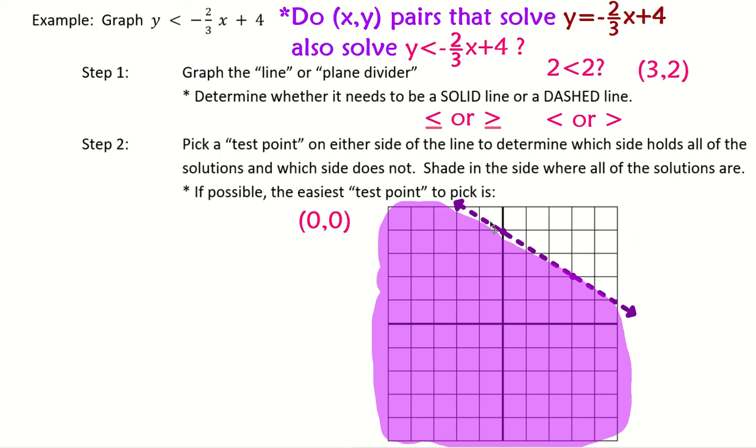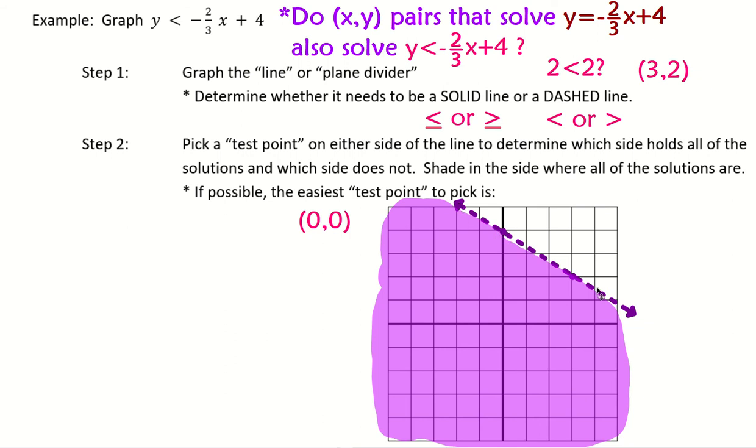And if you happen to be in a situation where they showed you a graph like this, let's say you had no idea what the inequality even was, all you had was the graph to look at. And they said, tell me, is (0, 4) right there a solution? You would say no, because it's a point on a dashed line.